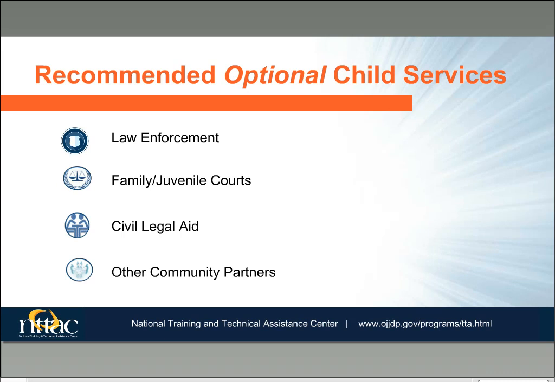So there's also the option to include civil legal aid, which has historically worked to address access to key health-related services, such as Medicaid and public benefits, including SNAP, and then other community partners. So awardees may think about including in their model other related child health service partners, and this could include a range of domestic violence centers, faith-based entities, therapeutic foster care providers.